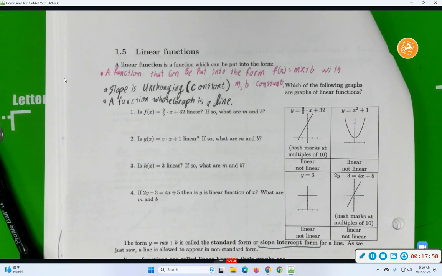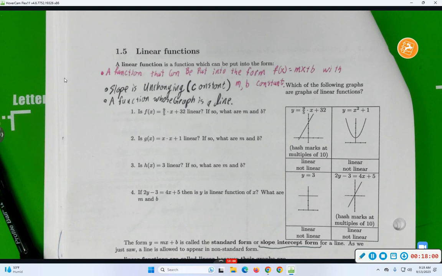So the pink one is the one that I'll actually treat as the definition. A linear function is something you can write in the form f of x equals constant times x plus a constant. That number m turns out to be the slope.